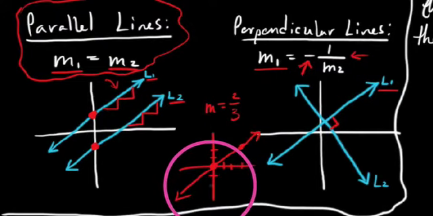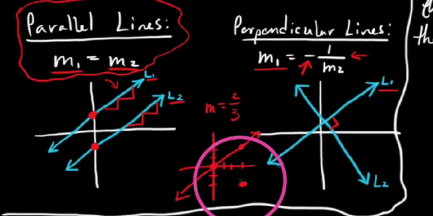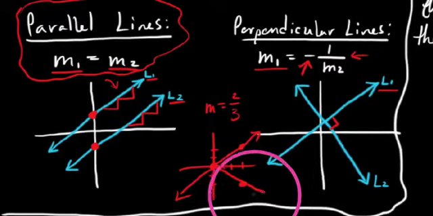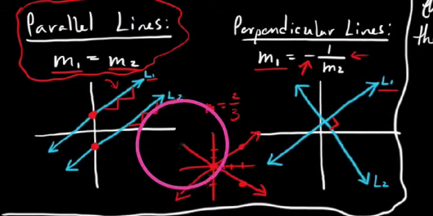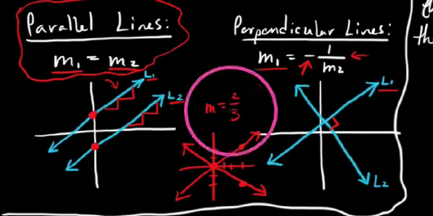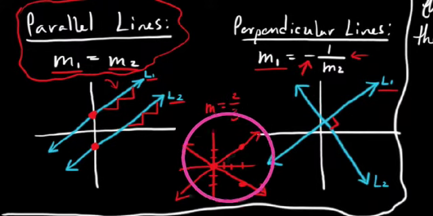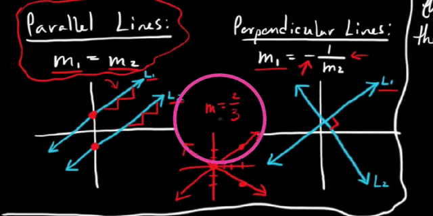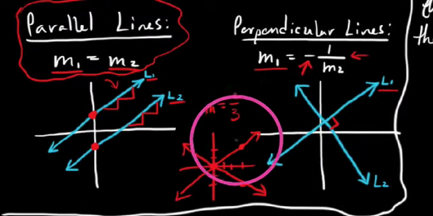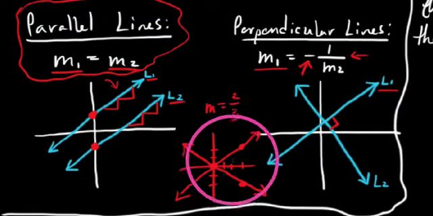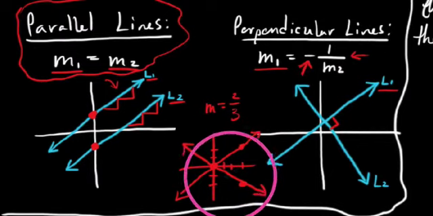Well, let's assume I went down 2 and out 3 here. You're going to notice that they don't cross at a right angle. We have to elaborate a bit more and say that it's the negative reciprocal of the first one. So if the slope of the first line was 2/3, and the slope of the second line was negative 2/3, that wouldn't work.